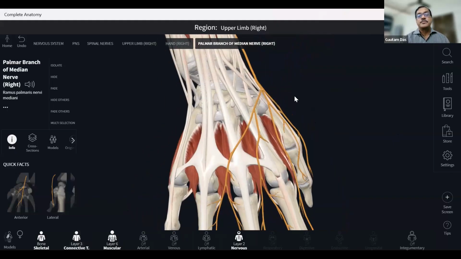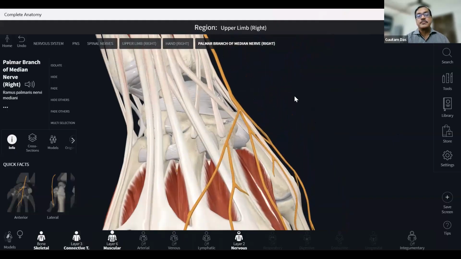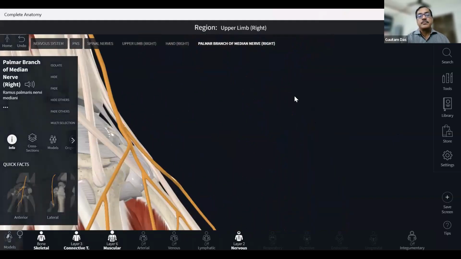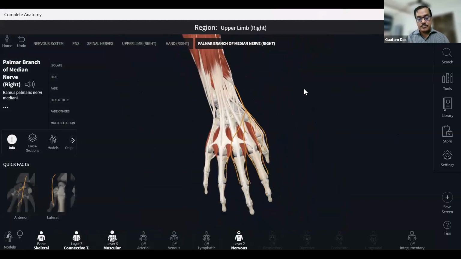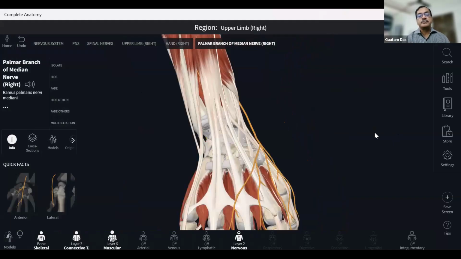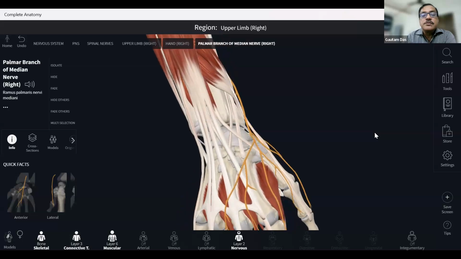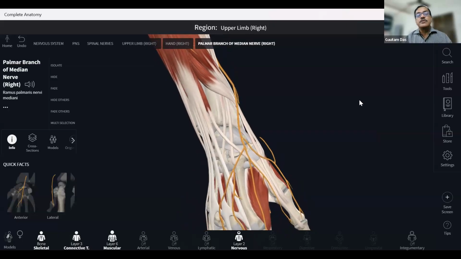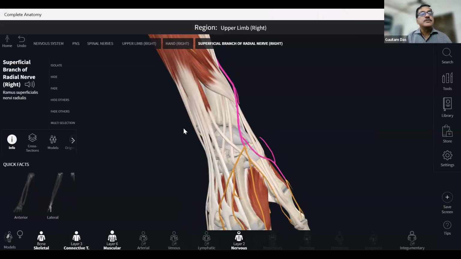So here I was trying to explain, this was the superficial branch of the radial nerve, this nerve. So let me hide it.